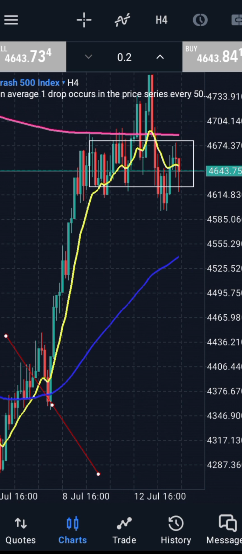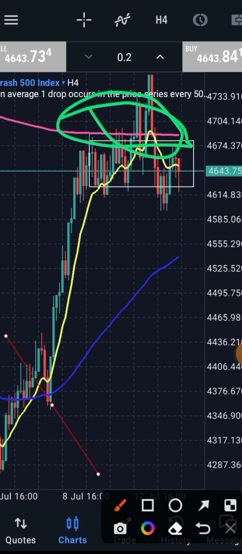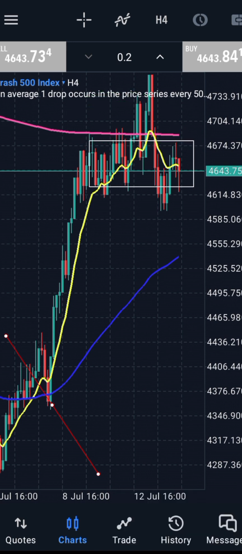And if you remember the last thing I said before, whenever the market gets to this EMA 700, which is the pink indicator, I will just stop whatever trade I'm trading. I will just leave the asset for now, because there are two things that will happen. Either the market reverses or the market breaks out, and when the market breaks out, that is when I continue trading. But for now, I leave the market first, and that is what is happening here. That is what is going on in this zone.